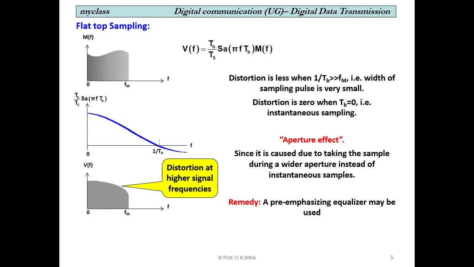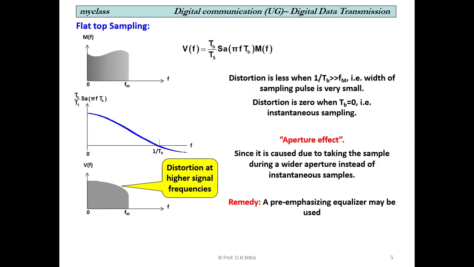The remedy is to use a pre-emphasizing equalizer. What is a pre-emphasizing equalizer? It's a kind of amplifier whose amplification factor is different at different frequencies. So if you have an equalizer whose amplification is higher at higher frequencies, then the higher frequencies of the original signal will be amplified, and when that is reduced by the sampling function, if you design it properly, then this distortion will be very small.